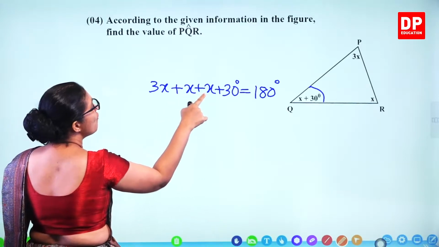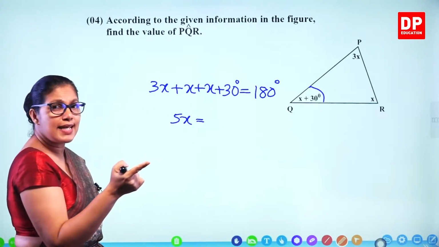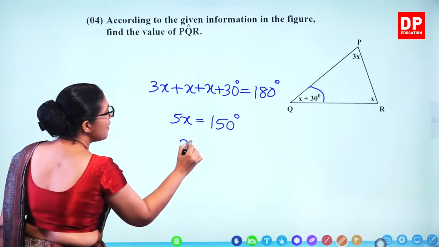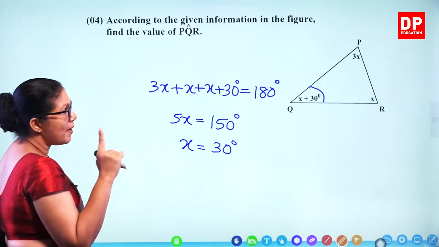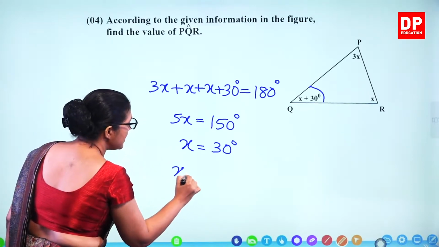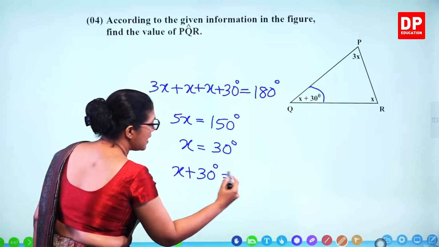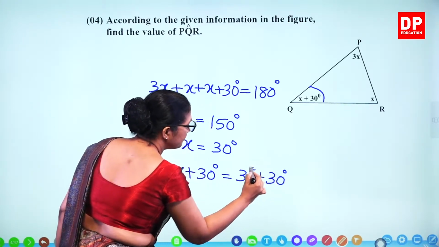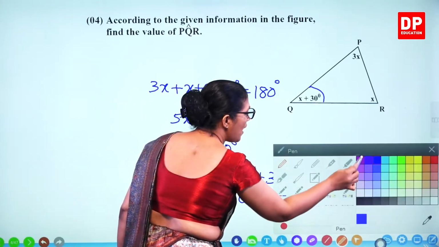So 3, 4, 5: 5x is equal to 180 minus 30, 150. Divide by 5, you get 30 degrees. So x is 30. But we need angle PQR, that's x plus 30. X plus 30 is 30 plus 30, that's 60 degrees. So you get 2 marks for that.